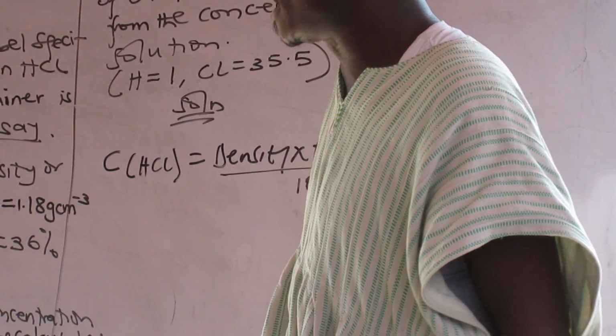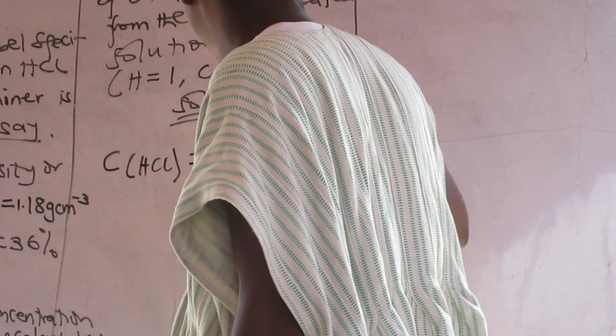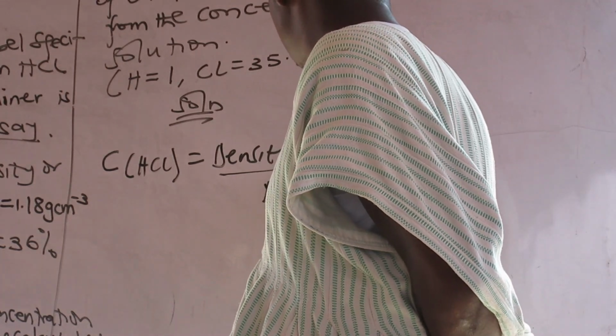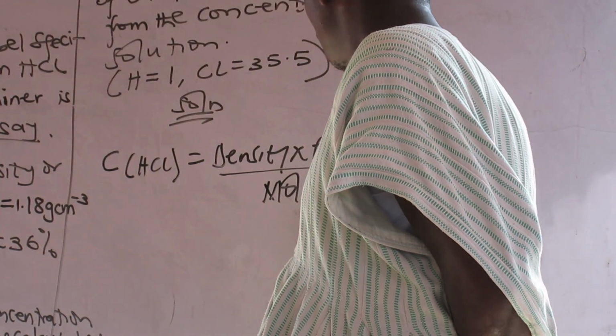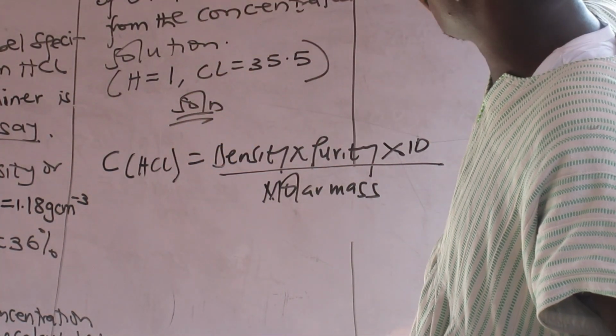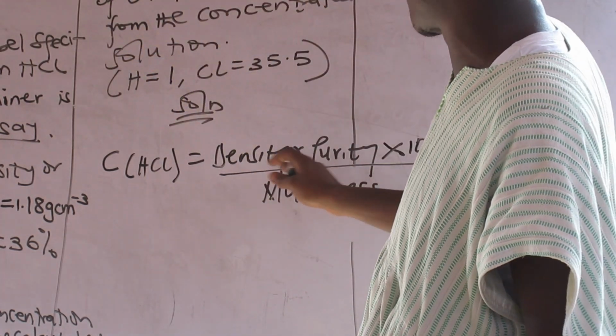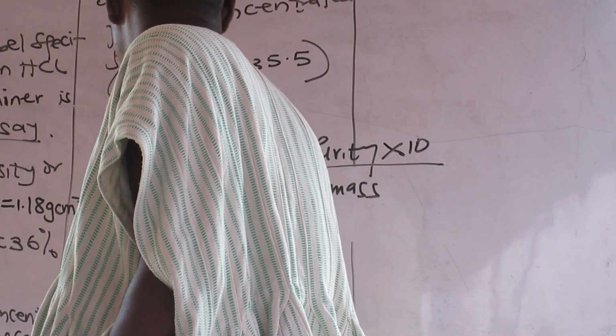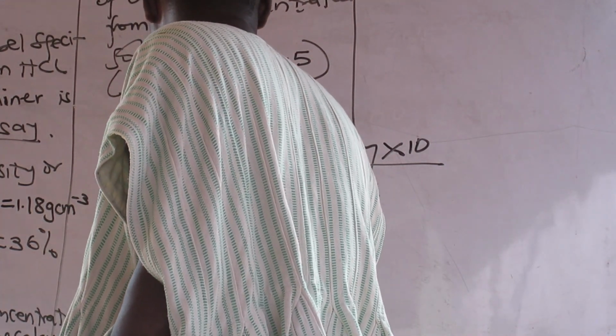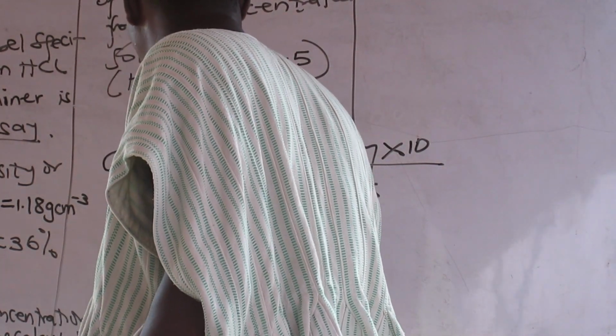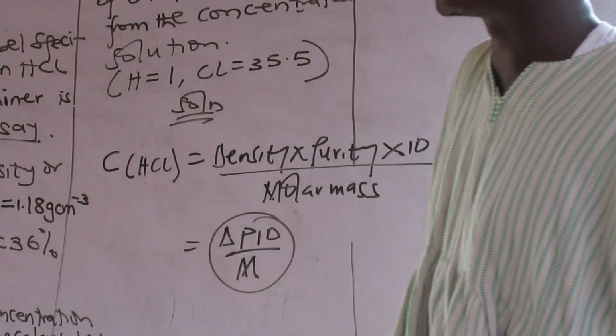So in short, something like DP10 over molar mass. Okay, over the molar mass, right? So if you want to do this calculation, unless you go to first principle and get it, it's very simple to use this way. So this is what we call DP10 over molar mass. Are you okay? Good. So you can use this parameter always.